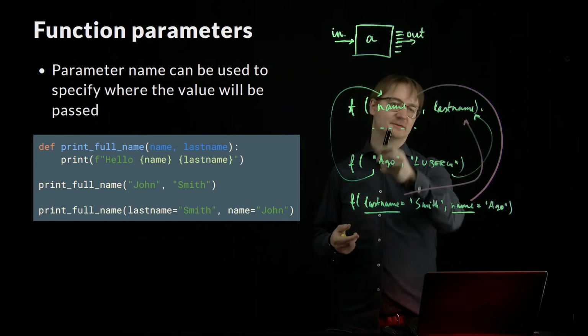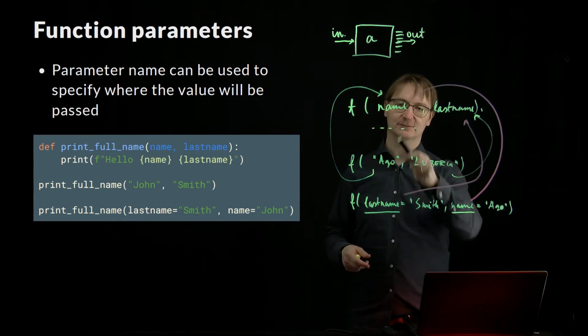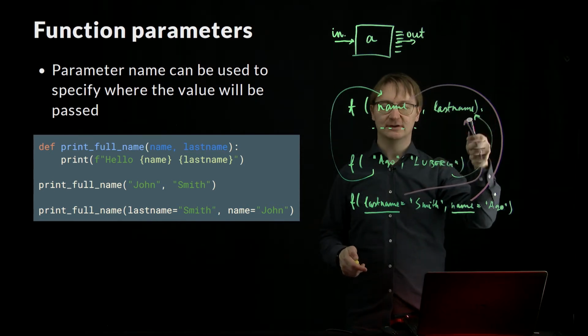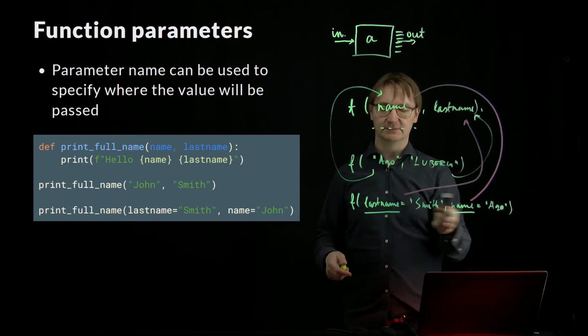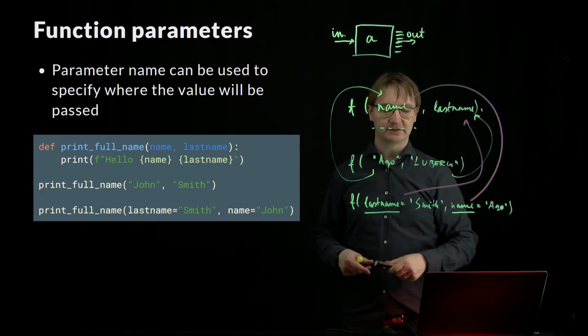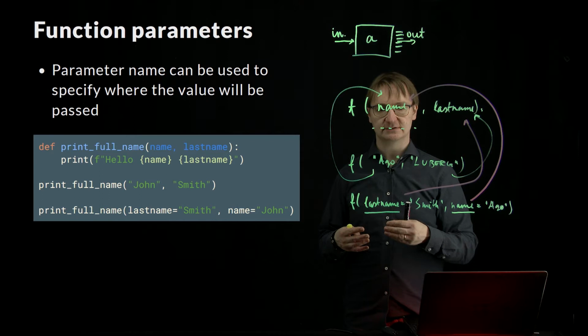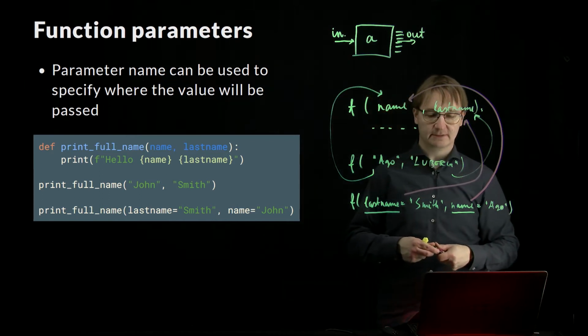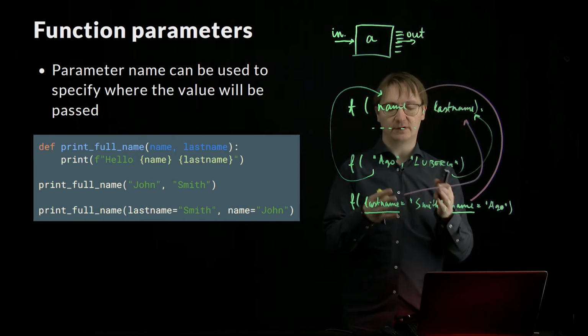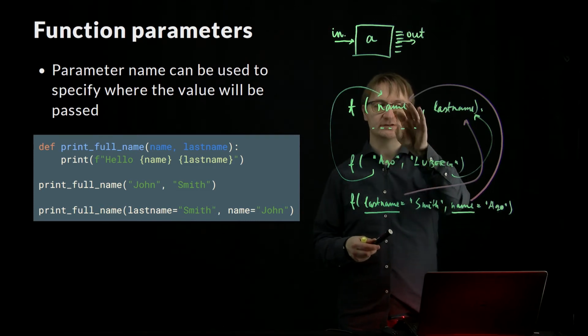It works also with more than 2 parameters. So if I would have name, last name, age, location, then I can mix those up. But you still have to pass all the parameters which are defined here.